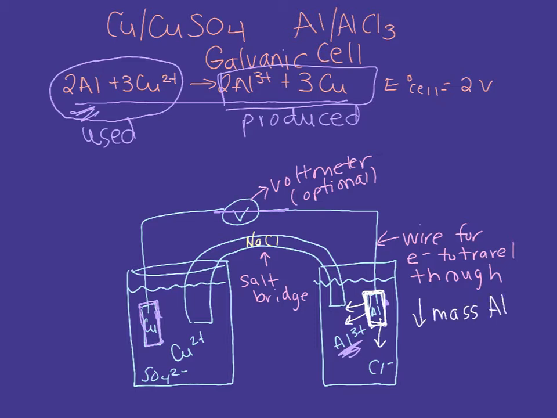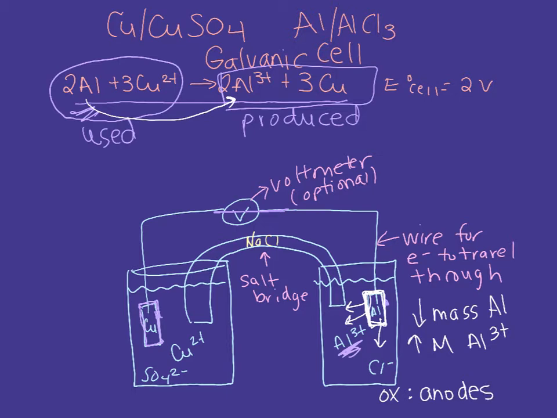Well, where is that mass going to? It's increasing the concentration, the molarity of the aluminum 3+, because what does our reaction tell us? It tells us that the aluminum is getting transformed into aluminum 3+. It's getting oxidized. So this over here, this cell, is our oxidation cell, and oxidation cells are known as anodes.